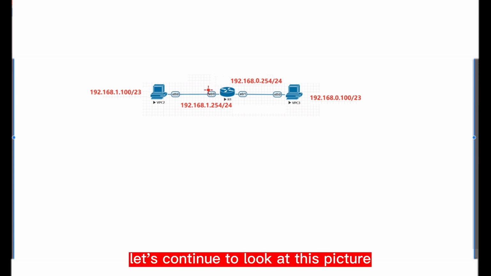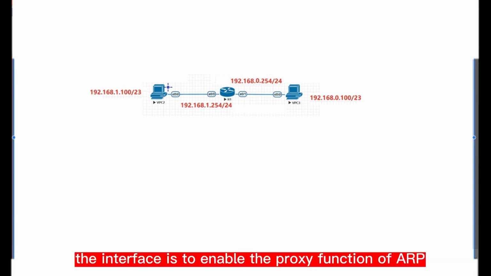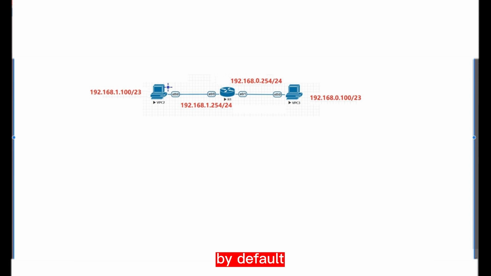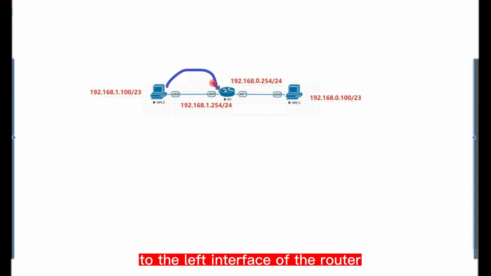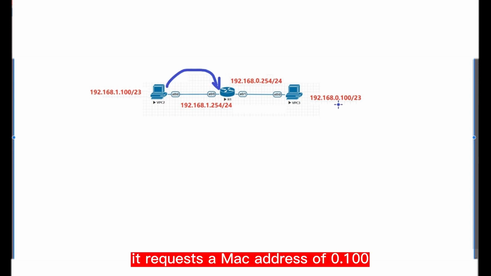Let's continue to look at this picture. For routers, the proxy ARP on Cisco devices is enabled on the interface by default. Then when PC2 sends a request to the left interface of the router, it requests a MAC address of 0.100.